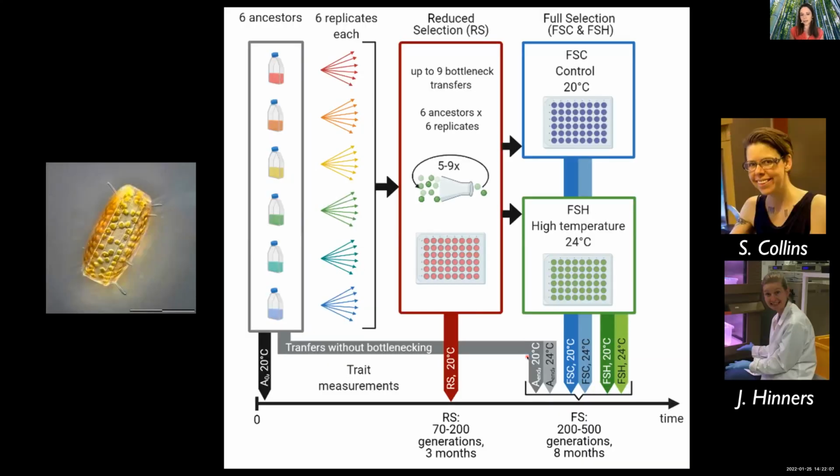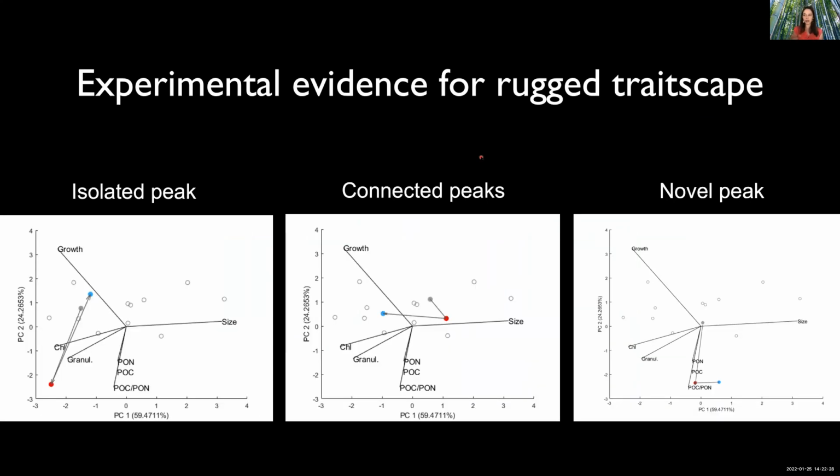Sinead and Jana made this Herculean effort where they took many different ancestors and many different replicates. They did a bottleneck experiment and then a back selection experiment. The teaser for this work, if Jana is here, is that we saw all three of these things happen in our diatom population.